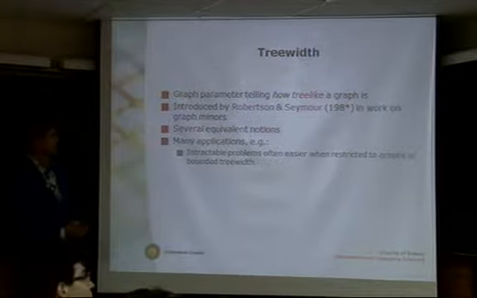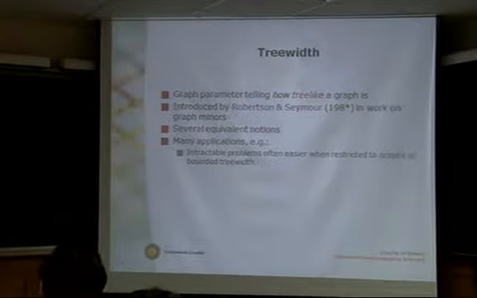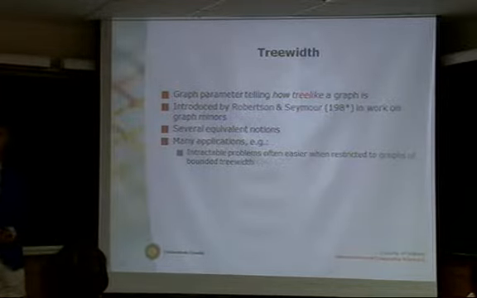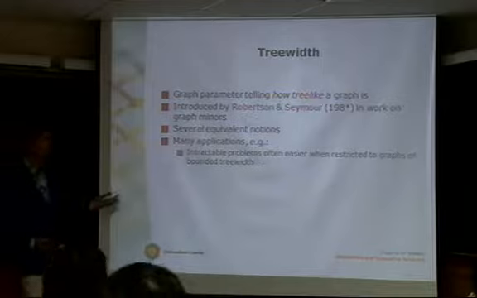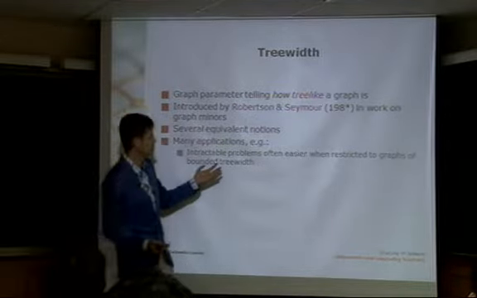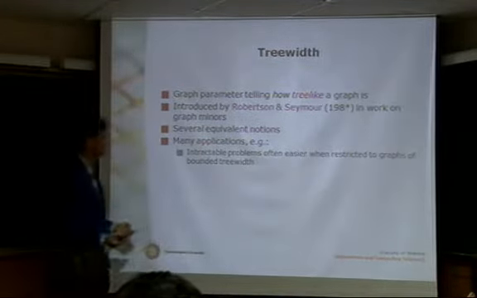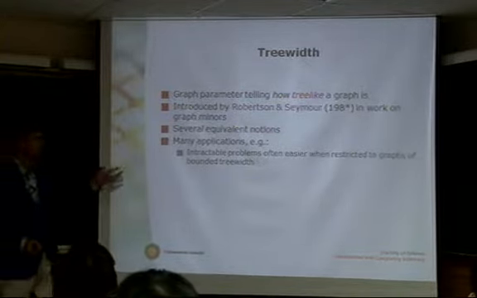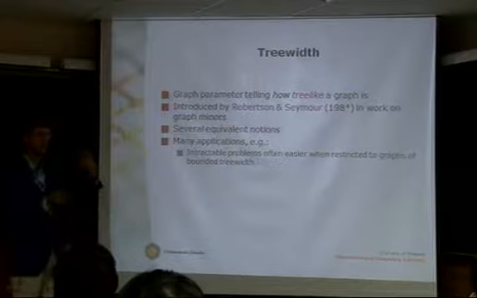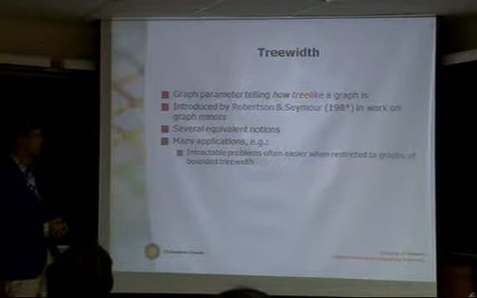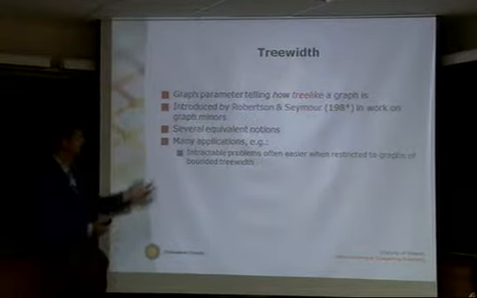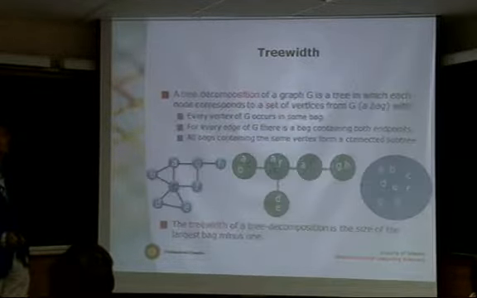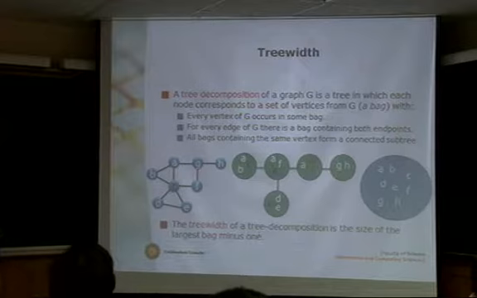Tree width is interesting for several reasons, not only because of its role in graph minor theory, but also because it makes intractable problems often easier when you restrict them to graphs of bounded tree width. And I'm a computer scientist, so I really like to look at algorithms and see how fast they are for solving problems, and this really has lots of applications, and I'll mention one later.